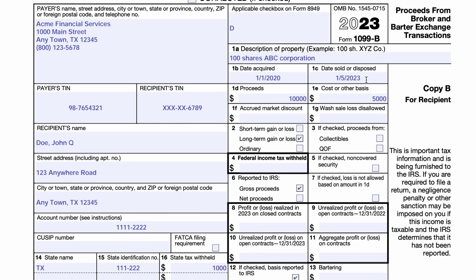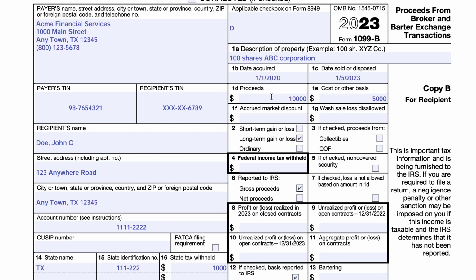Anything held for 1 year exactly or less is considered a short-term gain or loss. Short-term gains and losses are treated as ordinary income items. Long-term gains and losses are subject to preferable long-term capital gain or loss treatment. In this case, we can clearly see that this is a long-term gain or loss, and we'll see it reported throughout the form. We'll annotate that in a moment.